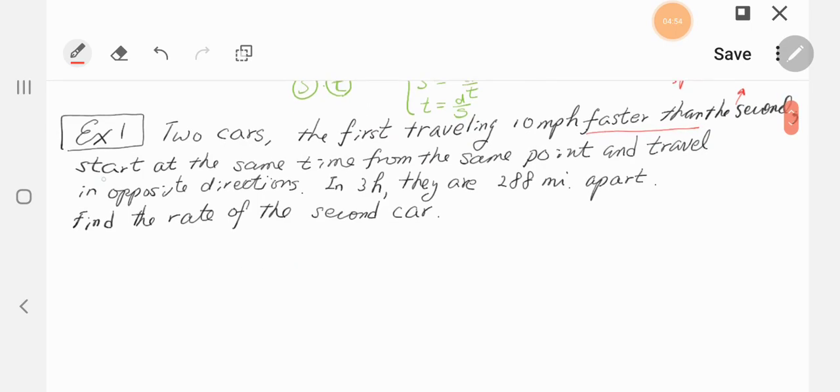These two cars start at the same time from the same position and travel in opposite directions. So let's say they started from here. The first car is traveling west, and the second car is traveling right. So the first car, second car.